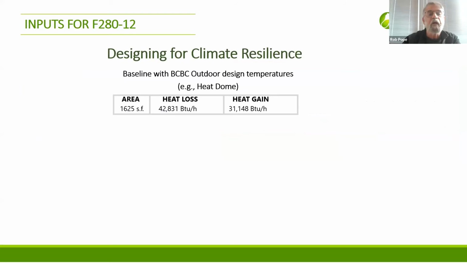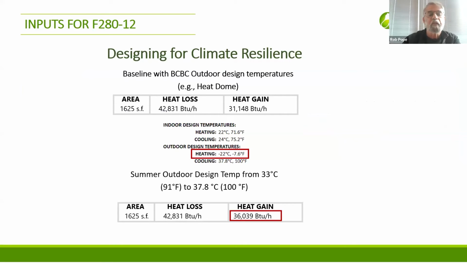Designing for climate resilience. So the design condition that is in the code and is embedded in a lot of the software is a bit out of date. If you look back for the last 5 years, you can see it's trending higher in the summer seasons, particularly. The temperatures are higher.